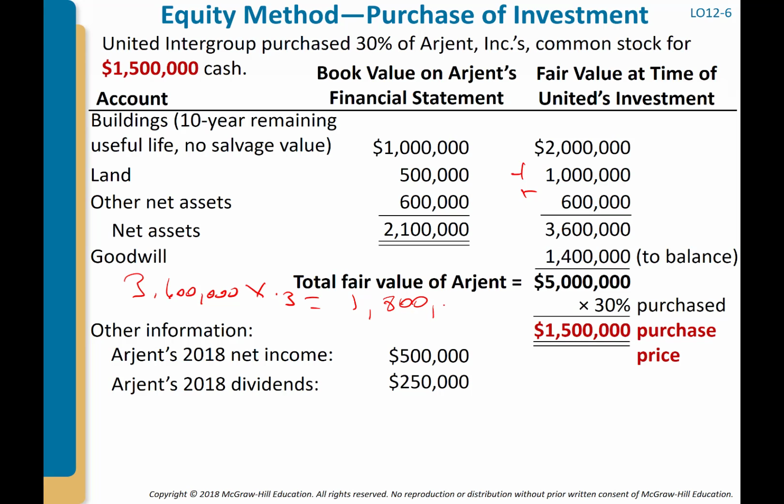Okay. 1,080,000? Okay. We're all in agreement? That's the number. How much are we actually paying for this thing? 1,500,000, are we? So we're paying more than the fair value for these assets.